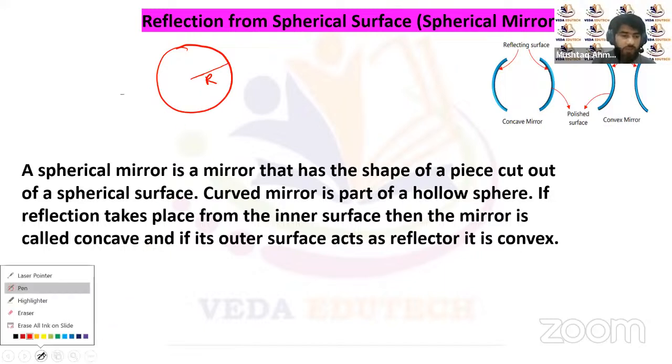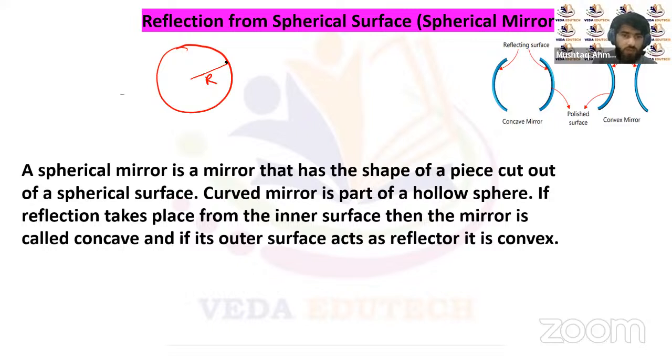Now from this mirror, we cut out a portion. If we cut the portion of the mirror from this point and this point, what we will be left with is this part only. This part is also a mirror.